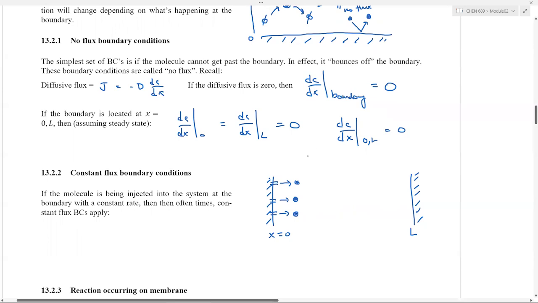This is what's known as constant flux at x equals 0. And of course, the molecule can still diffuse around with some diffusivity D. And let's say that you still have no flux on the other side.